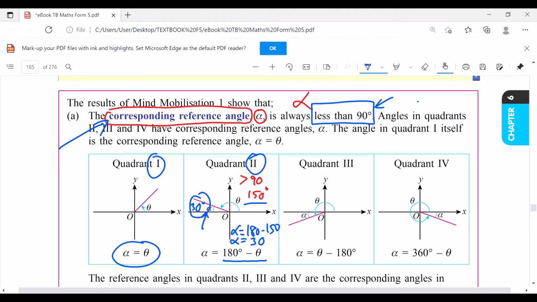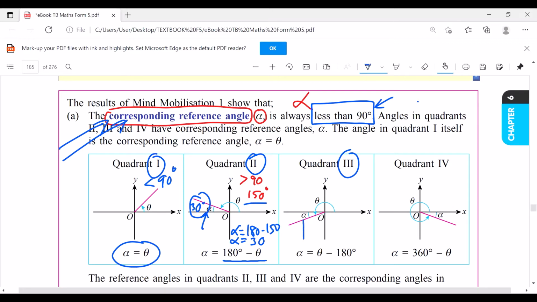Quadrant 1, the degree must be less than 90. If your angle is more than 180, that means it will pass here, and be in the third quadrant. Let's say it is here, so this is the angle, and your alpha, your corresponding reference angle, will be over there.